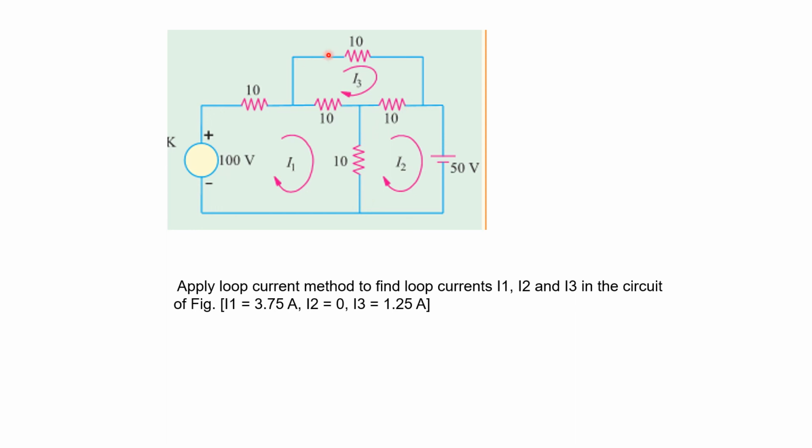How to get R33? R33 is 10 plus 10 plus 10. So what is that? 30 ohm. Now to get R12, simply the common between 1 and 2 is 10. So that is minus 10 ohm. So R12, R21 is minus 10.